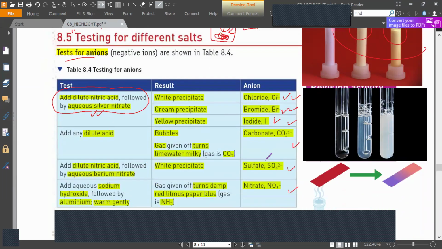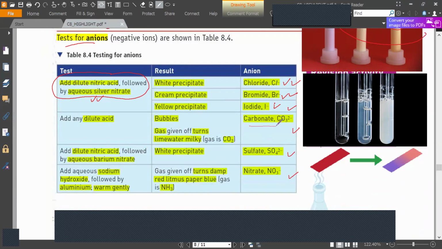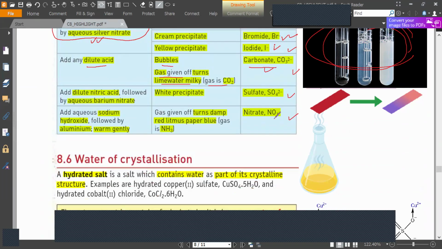If we want to test for the carbonate ion, we add dilute acid. It will produce bubbles, and the gas given off will turn limewater milky, which means it is carbonate. Next, to test for sulfate, add dilute nitric acid and barium nitrate, and it will form a white precipitate.